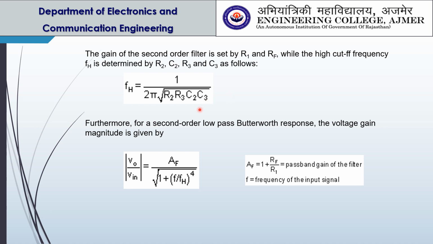And further, for a second order low pass Butterworth response, the voltage gain magnitude is given by this equation, mod of V0 upon Vin equal to AF upon square root of 1 plus (F upon FH) raised to power 4, where AF equal to 1 plus RF by R1 is the passband gain of the filter, and F is the frequency of the input signal.